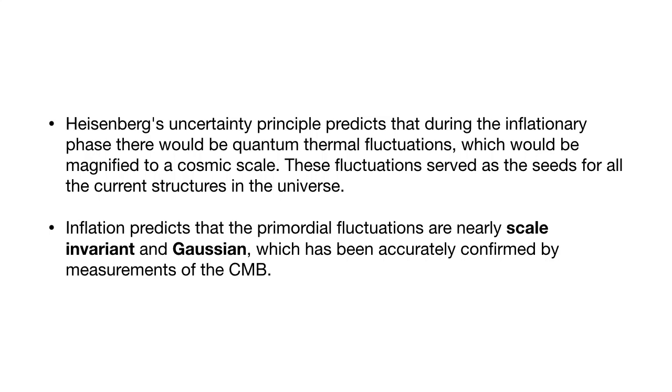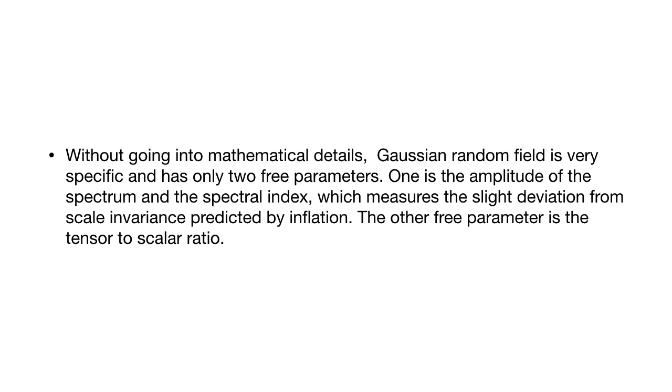In order to predict that, we can use some mathematics. The usual mathematics uses something called a scale invariant Gaussian random field. Without going into mathematical details, a Gaussian random field requires two parameters to describe the field. One is the amplitude of the waves in the field.